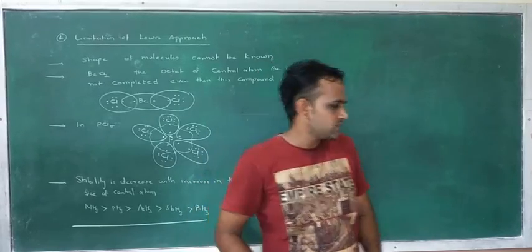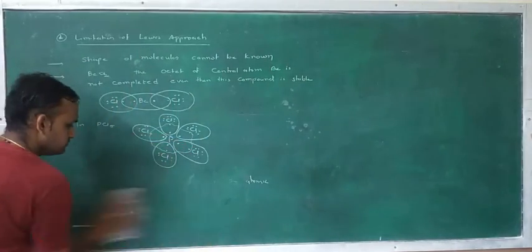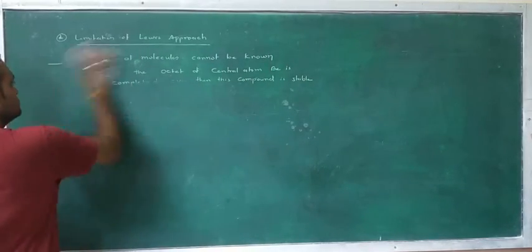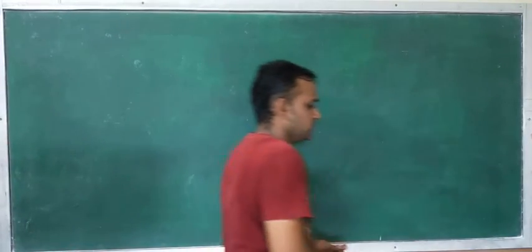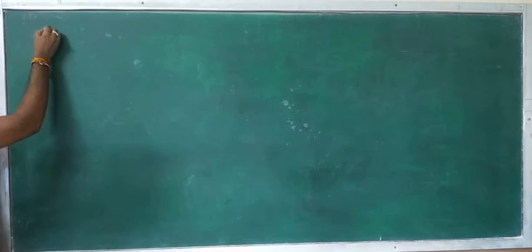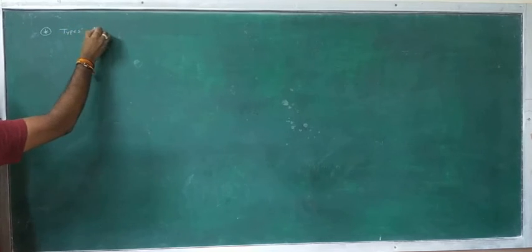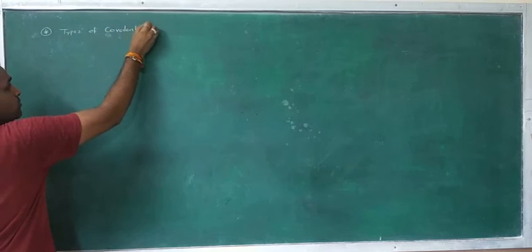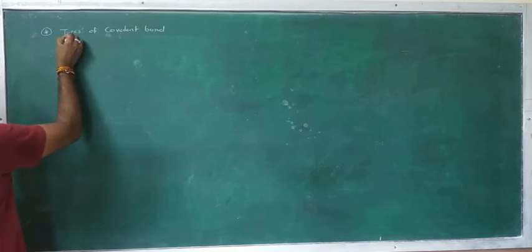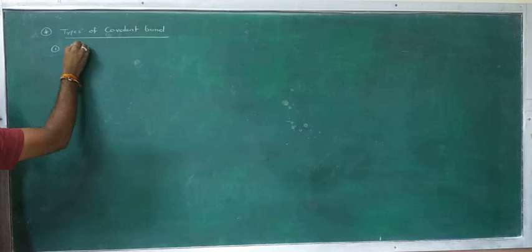So let us start. First one is the polar covalent bond.